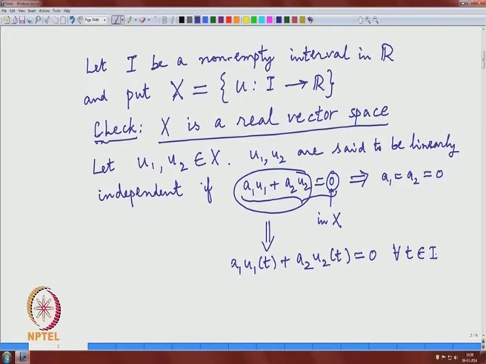So, whenever this happens, if that implies a1 equal to a2 equal to 0, then u1 and u2 are said to be linearly independent. Otherwise, u1, u2 are linearly dependent.